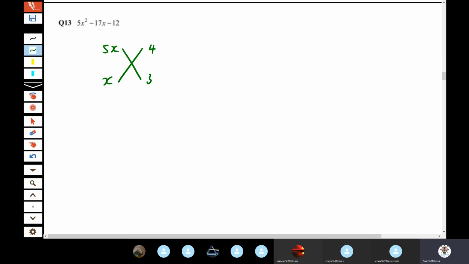Would it give you 17? No. So cross and swap sides. 3 and 4. 20 and 3. That works? No, yeah, that works. Sorry. 20 and 3 would give you 17. You want to get negative 17 though. Mm-hmm. So it'll be negative 4 and positive 3.